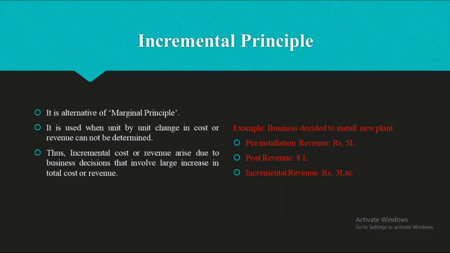So what will be the new revenue, and also what will be the new cost? Due to the change in our plant infrastructure, what will be the pre and post revenue and cost?